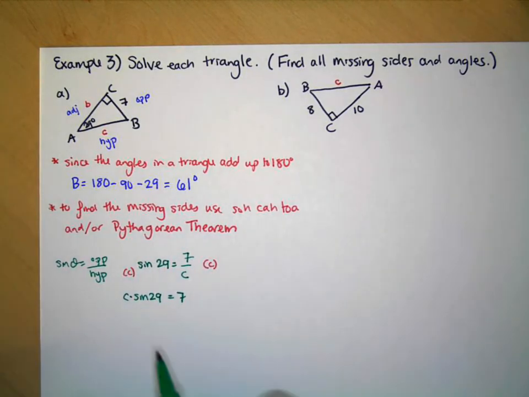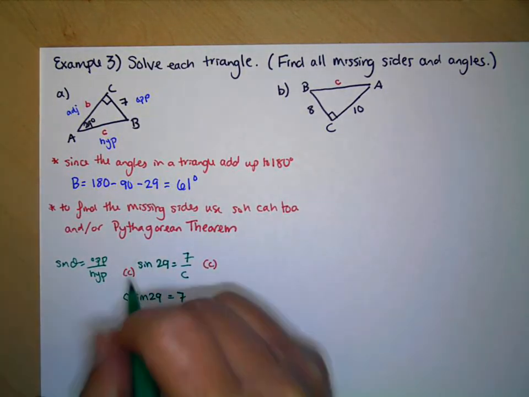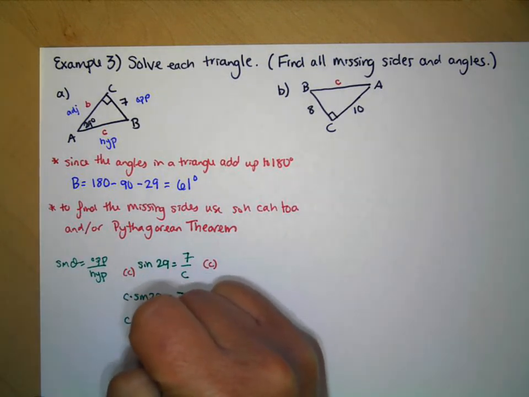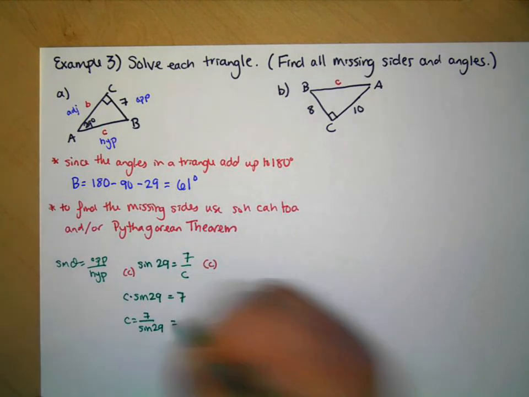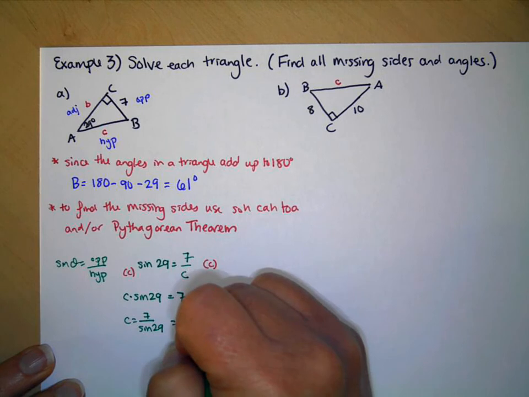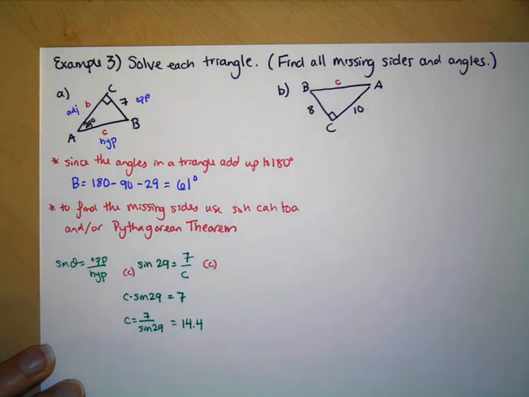And to get C all the way by itself, we can divide by the sine of 29. And if you type that in your calculator, making sure that you're in degree mode, that's going to give you about 14.4 if you round to the nearest tenth.